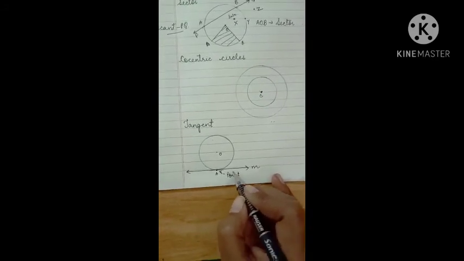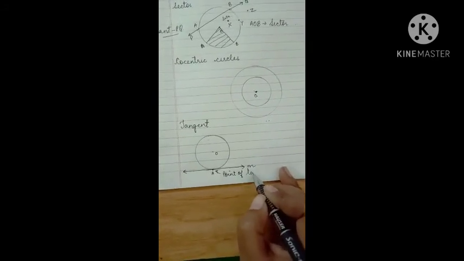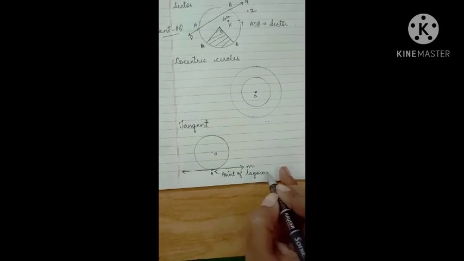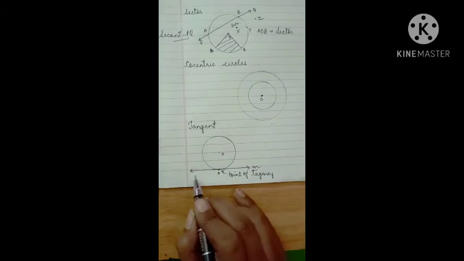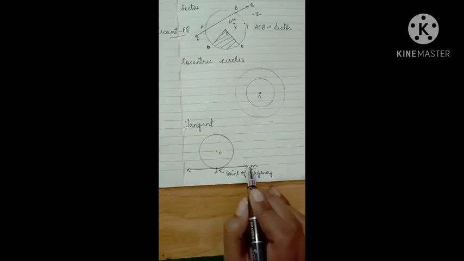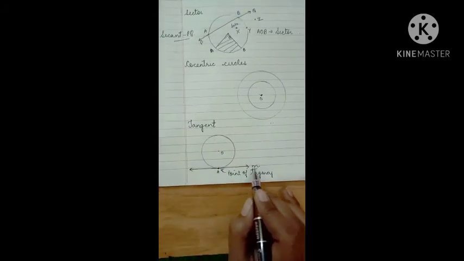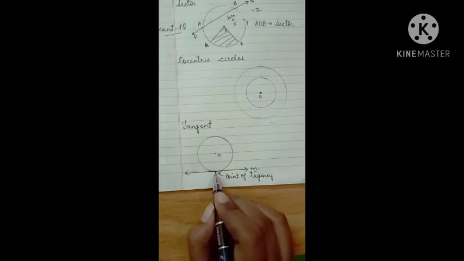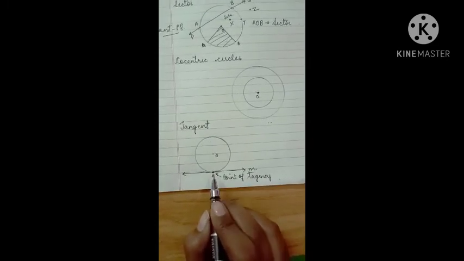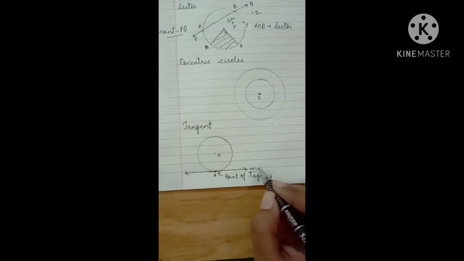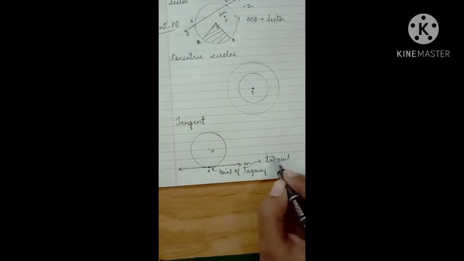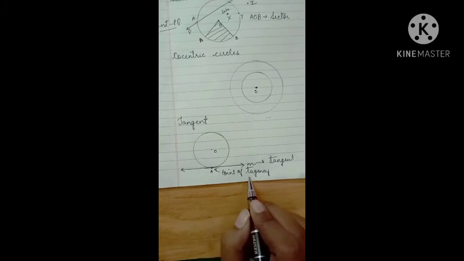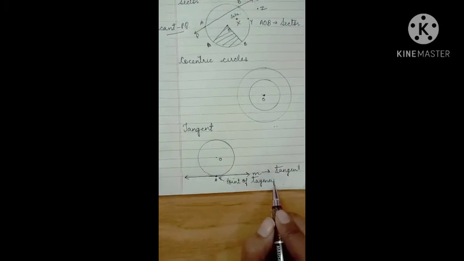This line is intersecting the circle at only one point. So this line M is called a tangent and this point is known as the point of tangency.